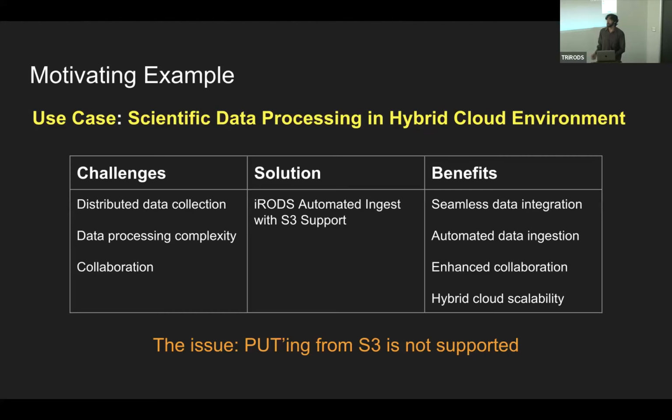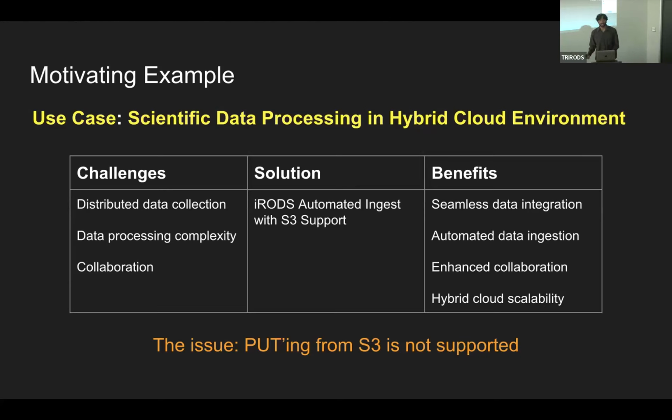You want your researchers to be able to easily access all the data that you want and have secure access, and to give certain researchers different permissions, and that's challenging. That's where iRODS and the automated ingest can come to the rescue. With iRODS being able to support S3 resources, you can seamlessly integrate the files that you have in your local file systems and the files that you're keeping in the cloud.